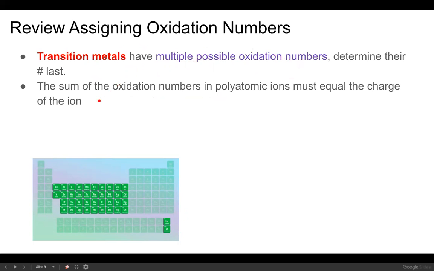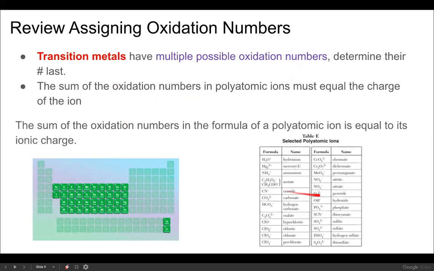So, really quick, take out your chart for polyatomic ions in Table E. The sum of the oxidation numbers in the formula of a polyatomic ion is equal to its ionic charge. You can see the ionic charge there on the side. So you can consider all of these charges to be their oxidation numbers as a whole.